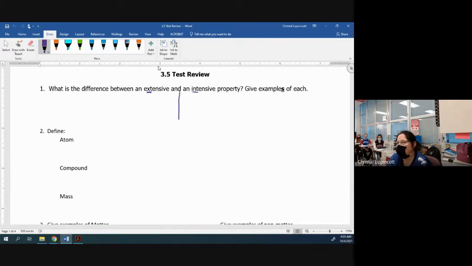So I'm going to kind of do a T-chart here. What's the difference? Extensive is going to be, depends on the amount of material you have. And this is, it doesn't depend on how much.